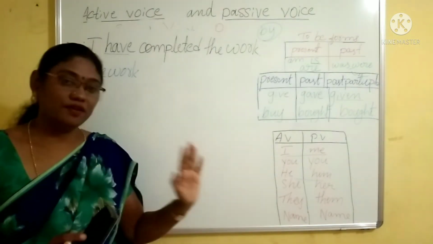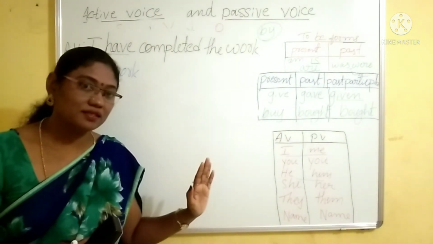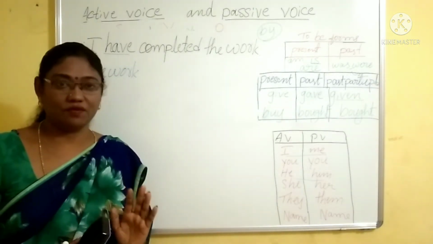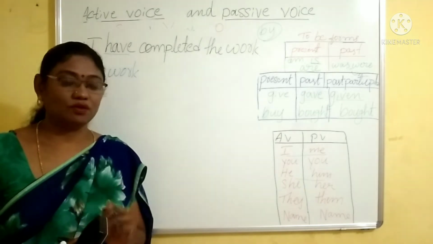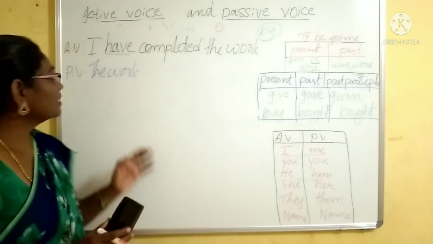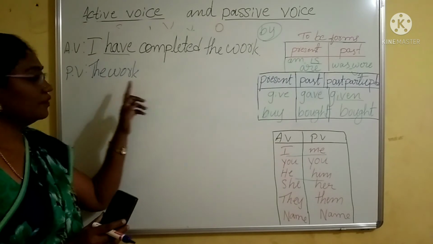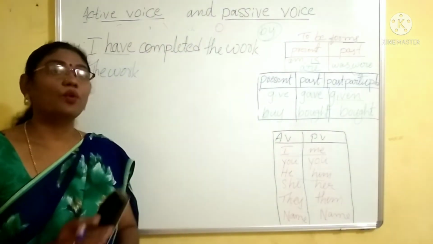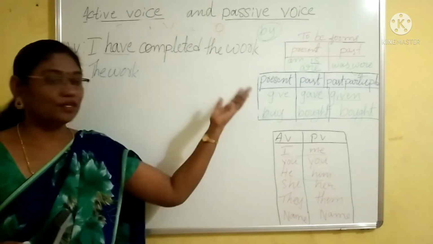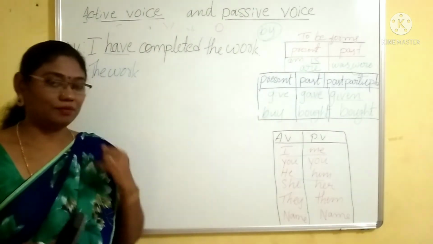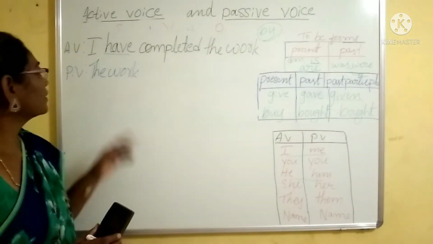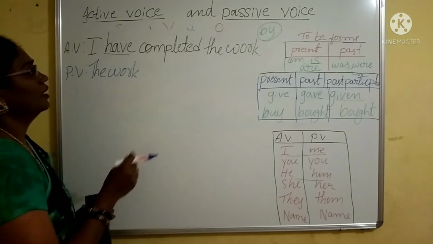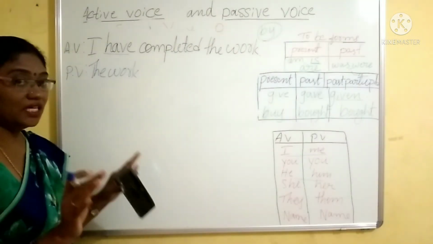Do forms, to be forms, modals, and have forms are all called helping verbs or auxiliary verbs. So we all know about this. As per the rule, if the helping verb is already in the sentence, we need not select a to be form. Okay, remember. Again, I am telling you. Now, the work, and we are not supposed to write is and was.